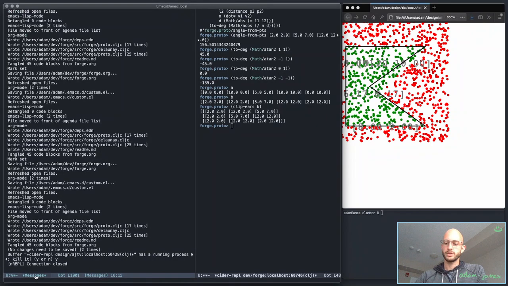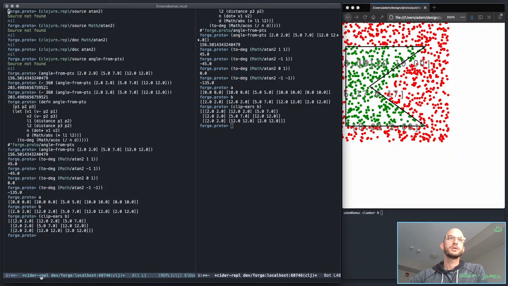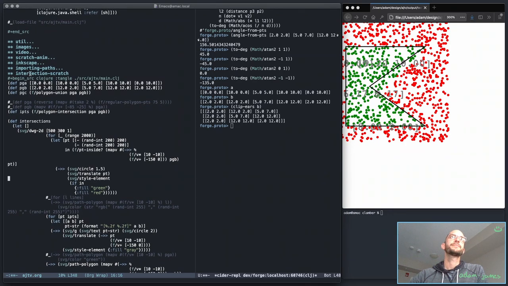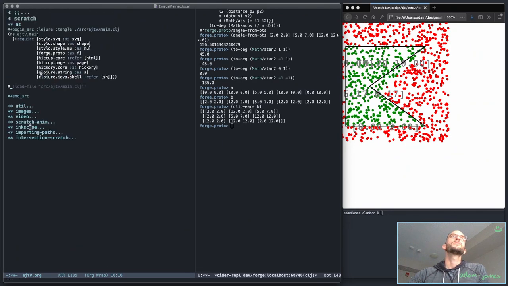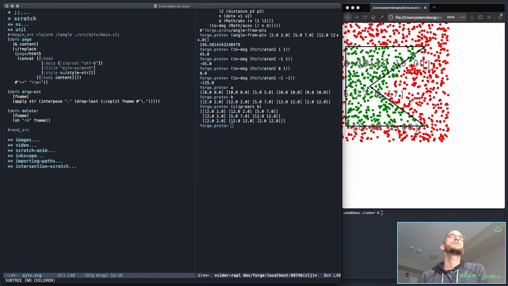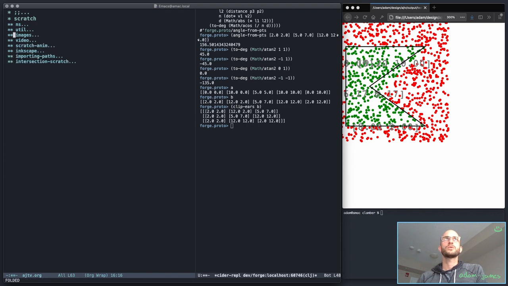Should learn some more keyboard shortcuts here. Okay, here also, by the way, namespace is fine, utility is fine, images are, so this is for a whole other thing.